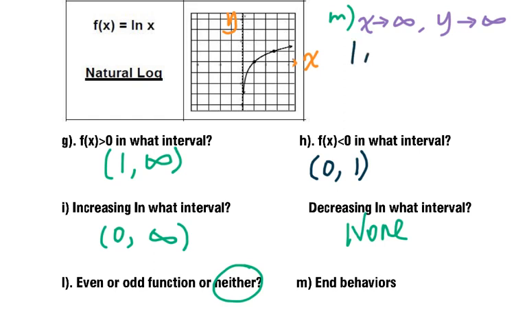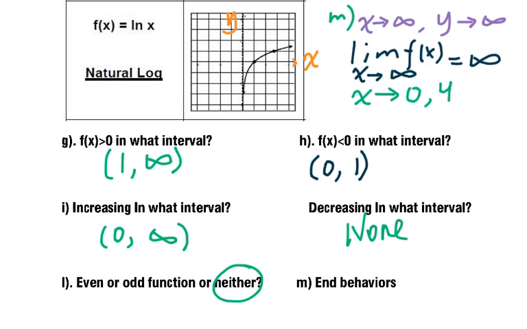Then I write down the limit format: limit of f(x) as x goes to positive infinity equals positive infinity. Then when x goes very close to 0, you could see y goes to negative infinity. So I can write down for that: limit of f(x) as x goes to 0 equals negative infinity.